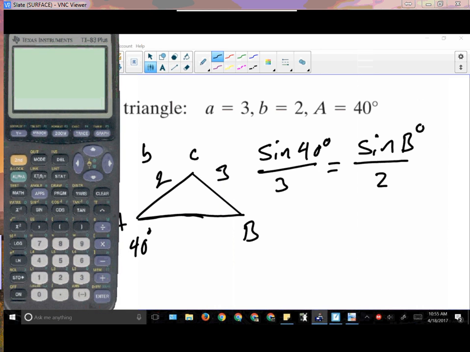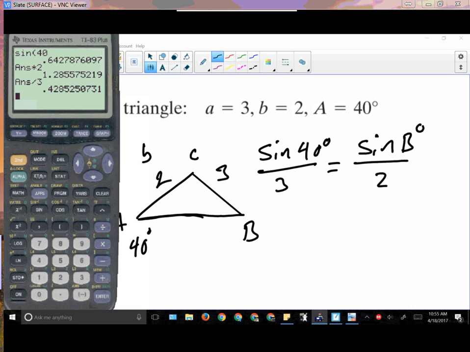So what I am going to do is still multiply on the diagonal and divide by the other number. Delete this. So it's going to be the sine of 40 degrees, enter, multiplied by 2, enter, divided by 3, enter.